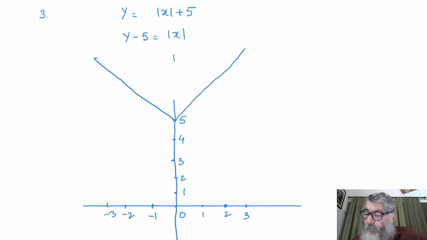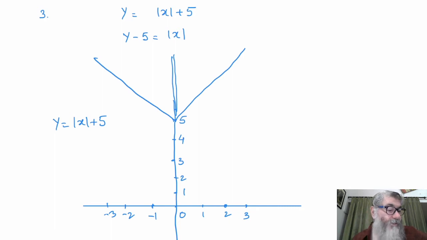This will be y is equal to modulus x plus 5. So any curve in which you add inside with x, it is shifted to the left. With y it comes the other way, x remains the same. If from y we are subtracting, we are shifting it upward. If we are adding something to y, we will shift it downward.